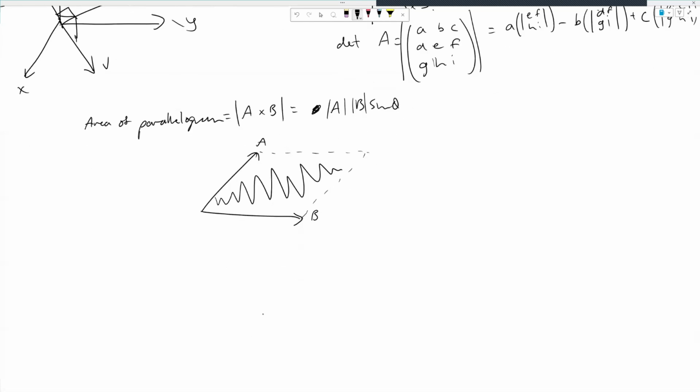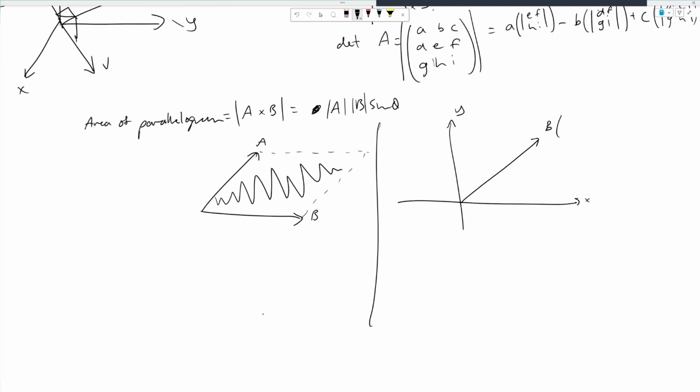While I won't formally prove it, I think a good example is if we have, let's say, the XY plane. I did mention that the cross product only works in 3 dimensions, so we will give these all 3 components. Let's call this b, and give it values b1, b2, and 0.